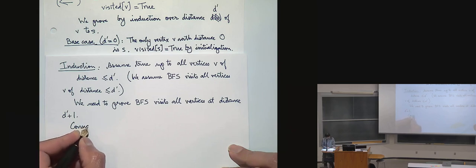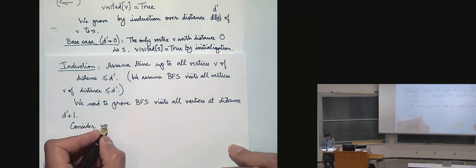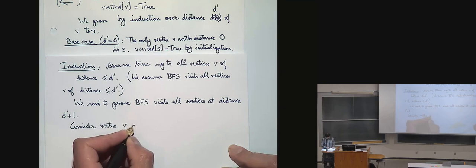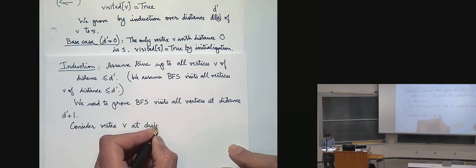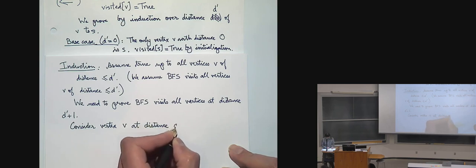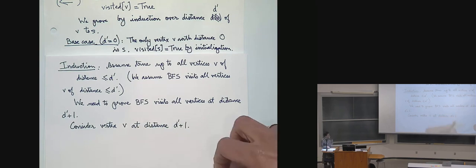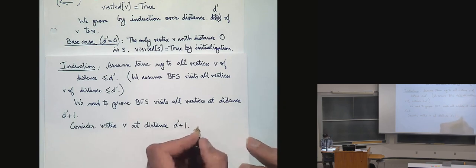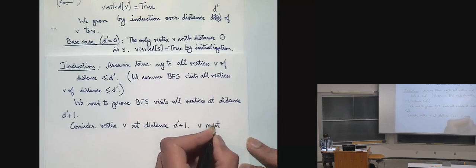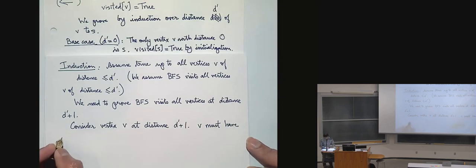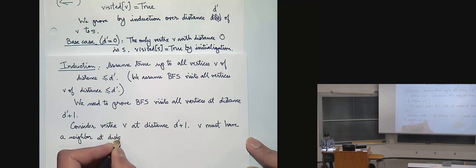So consider a vertex V at distance D prime plus 1, right? V must have a neighbor at distance D prime.